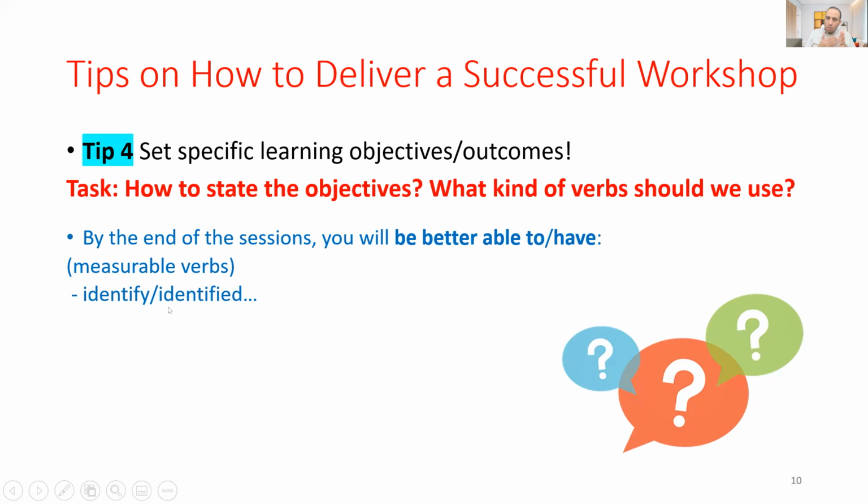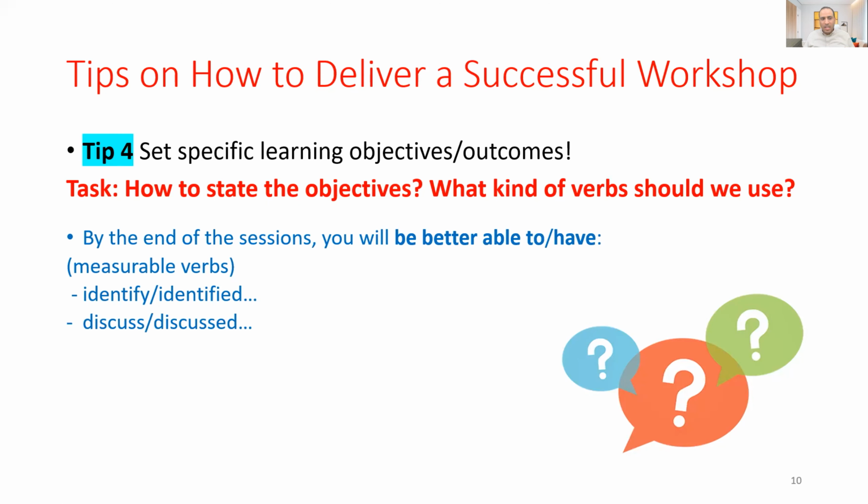So you can have will plus the infinitive form of the verb, or will have plus the past participle. You can do this or that. It's fine. So identify is a good verb that you can use.